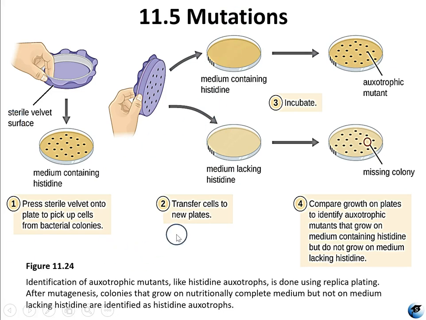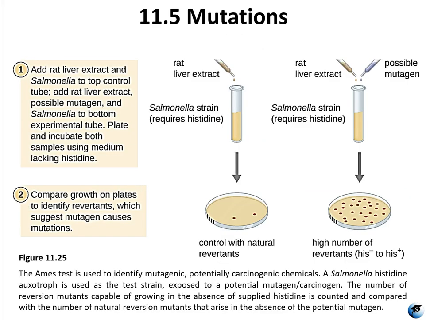They put it on media that contains histidine, and then on media that does not contain histidine, and then they compare those two plates to each other. What they're looking for are mutants that can grow on the media that contain histidine, but do not grow on the media that lacks it. So it's just a direct comparison, looking for bacteria that have mutated in such a way that they can live on this media containing histidine.